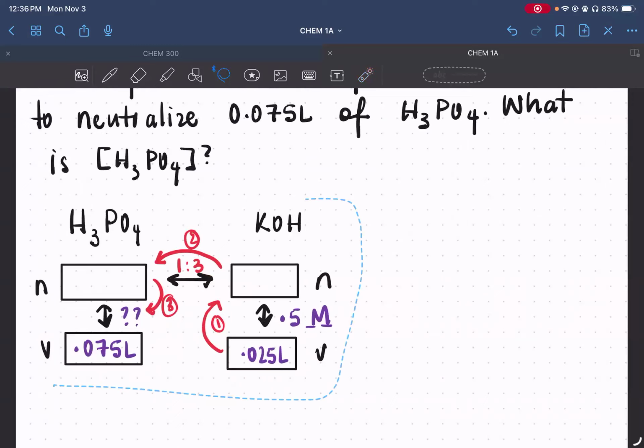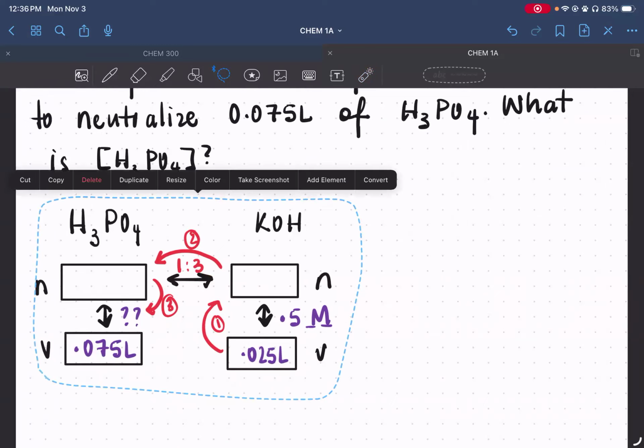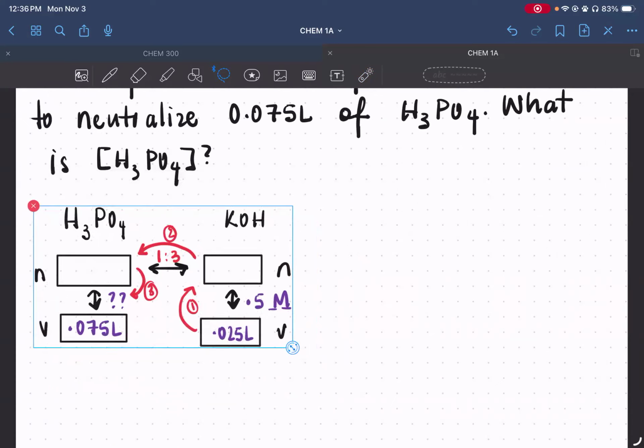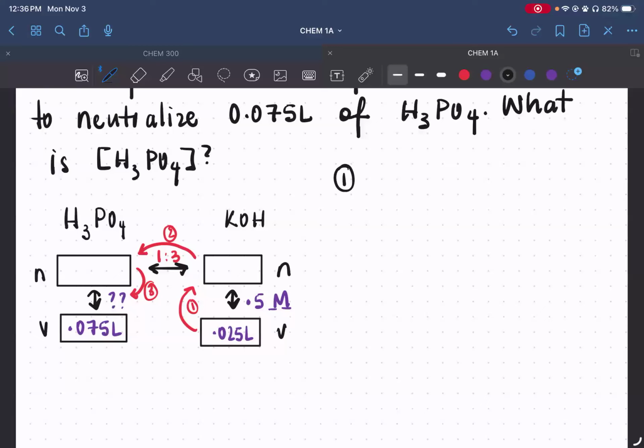Based on this, we can now attempt to solve the question in full. We have our steps labeled 1, 2, and 3, starting with step 1. We're going to go from volume to moles, specifically for KOH. Number of moles is equal to molarity times volume.